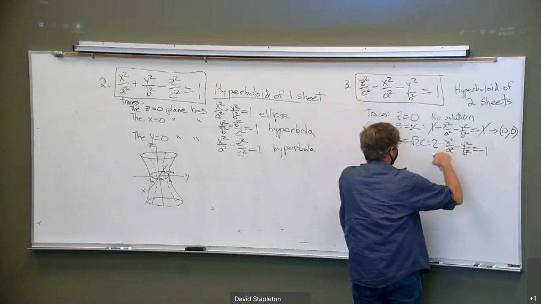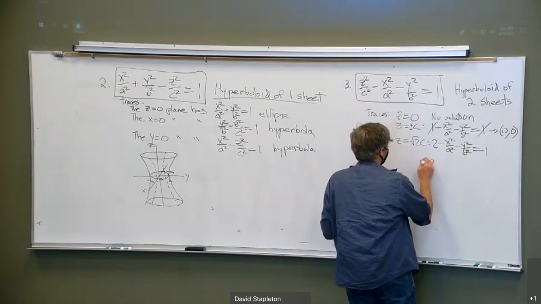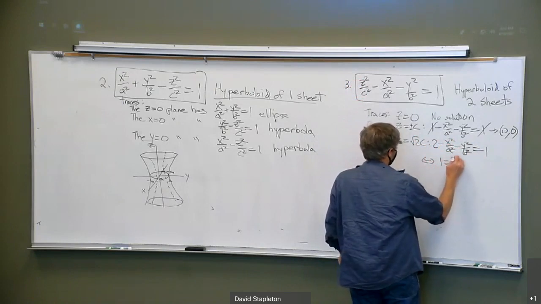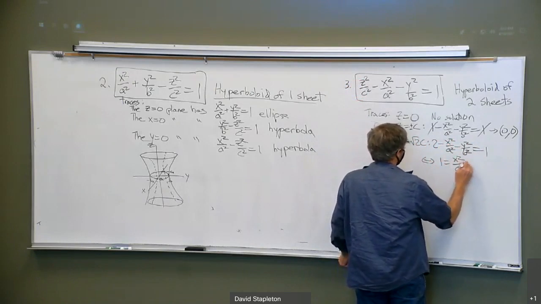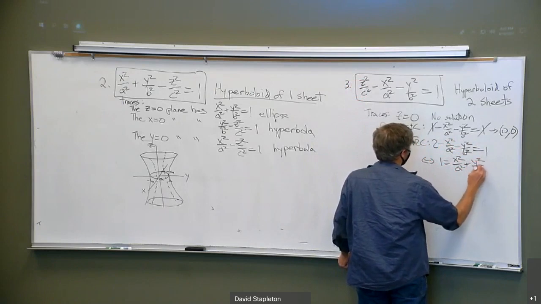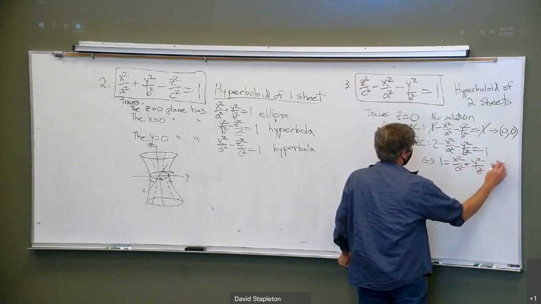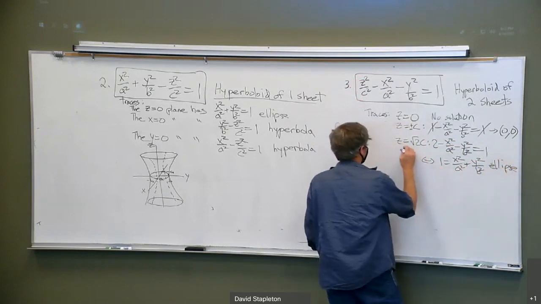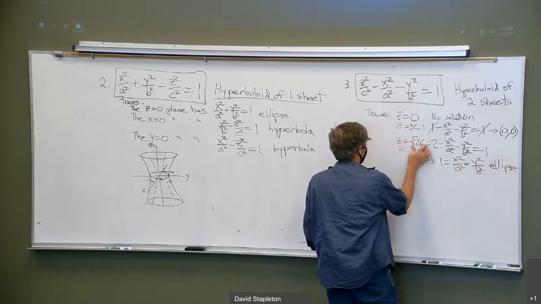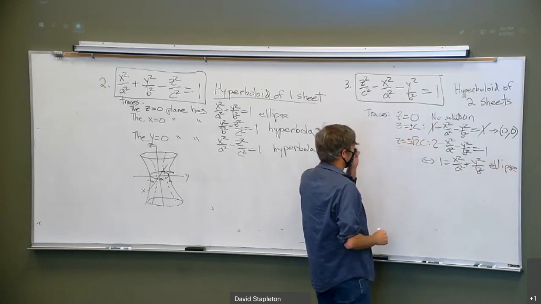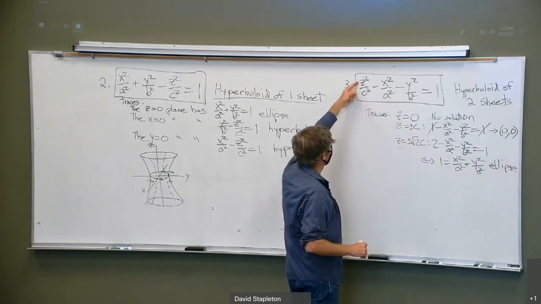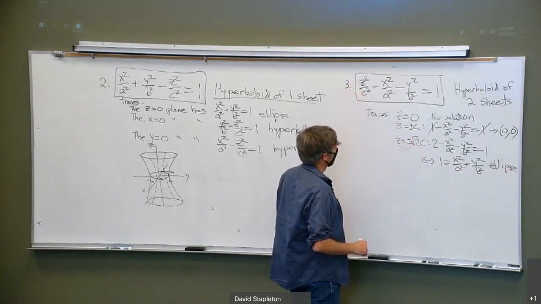If you subtract 1 across and move those across, you get equivalently 1 equals x squared over a squared plus y squared over b squared. You observe now it's an ellipse. So cross sections are ellipses once you get far enough up. And z equals plus or minus square root 2 times c is the same cross section, plugging in, you get 2c squared over c squared here.